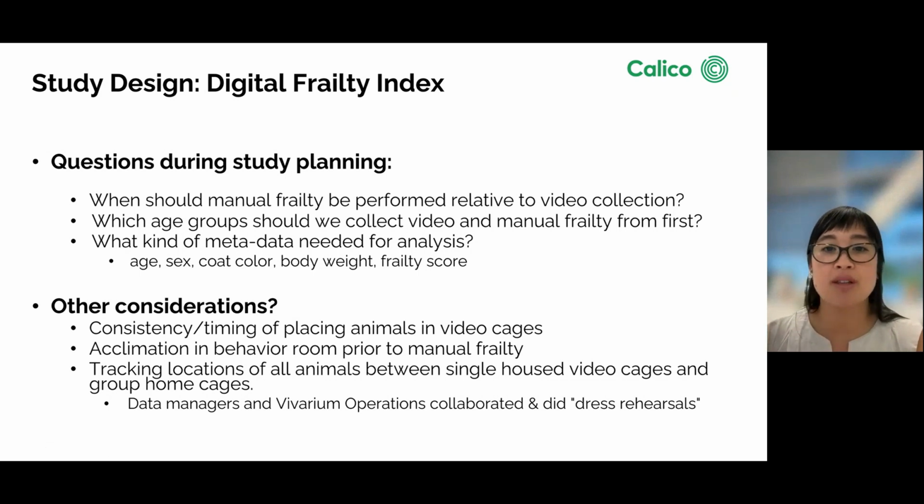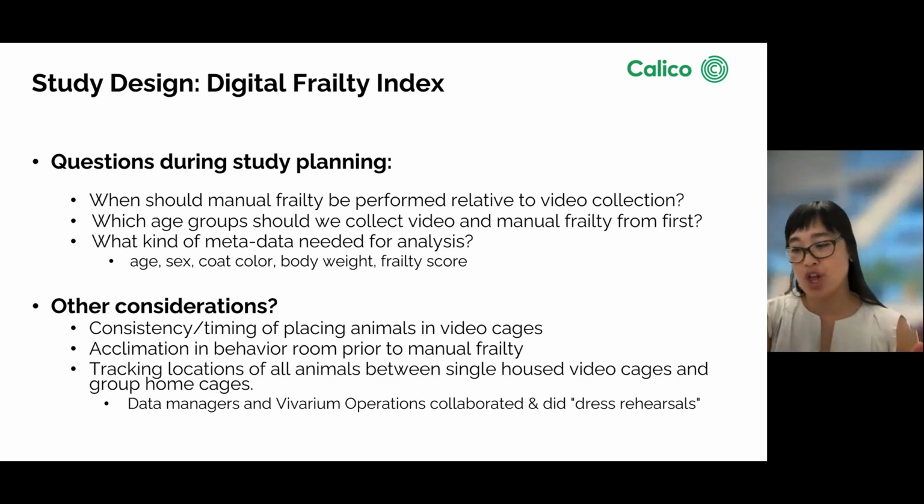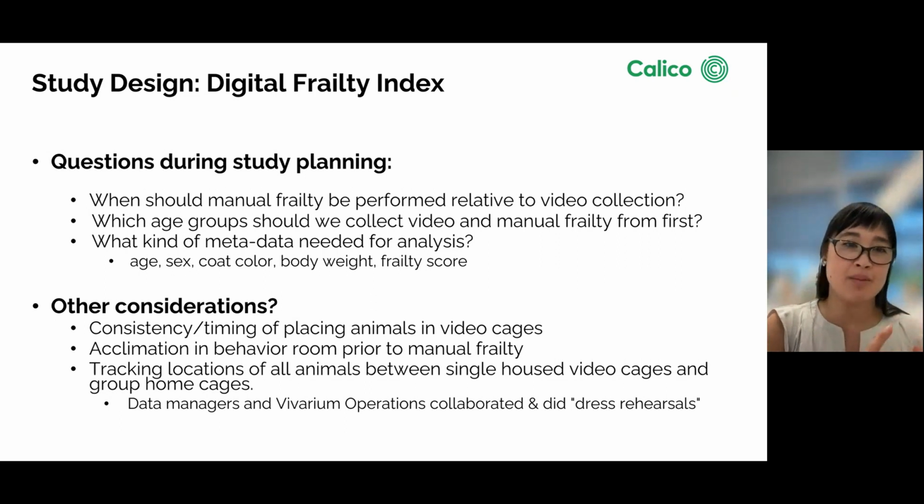Which age groups should we collect video from and assess frailty? Because we had animals that were very geriatric, it was important for us to go in sort of reverse chronological order, where we were taking the oldest animals and looking at them first. We knew that there would be attrition throughout the duration of the study.